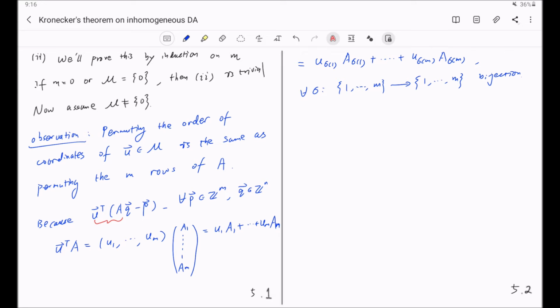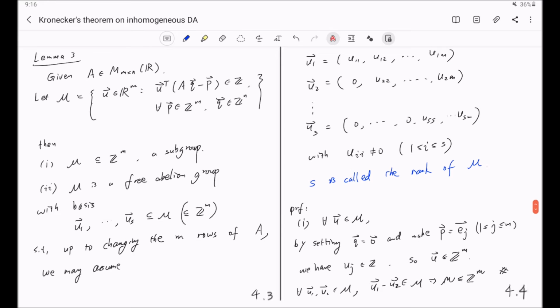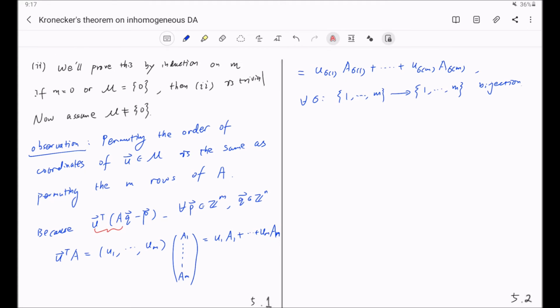And that is why we say, up to changing the m rows of A, we may assume such and such in statement number 2. And if you are super careful, you may wonder if we change the order of components in u, so this part, u transpose p, may also change. But remember, we are taking arbitrary p in Z^m.